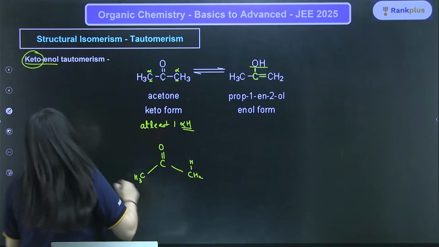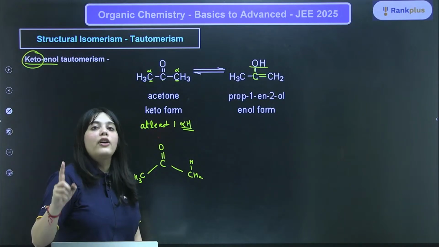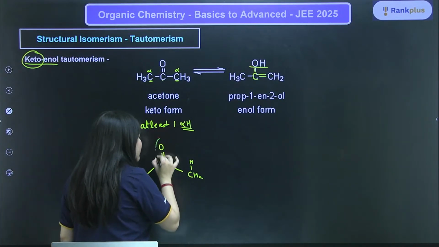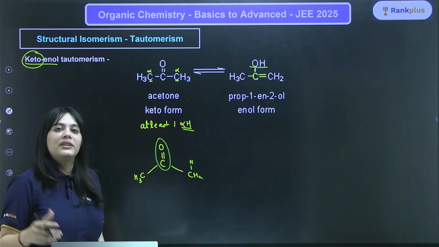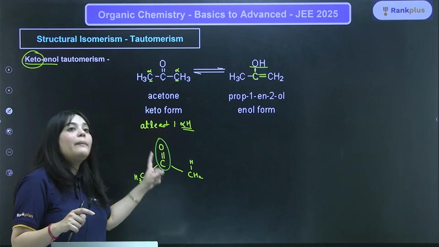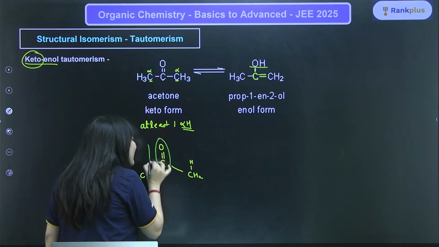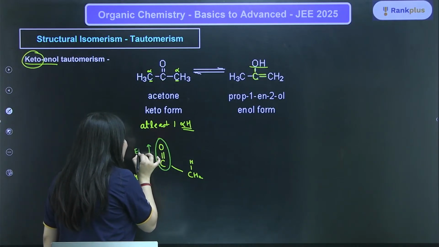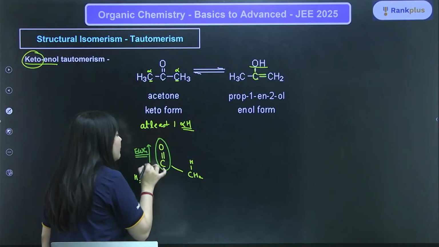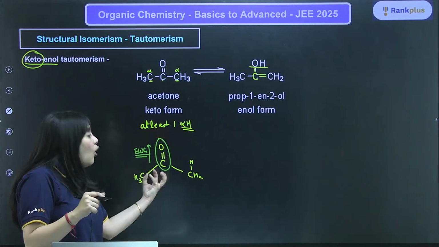Always remember one thing about your functional group. Whenever there is a multiple bond, double bond, triple bond, whatever, in the functional group, that functional group will always behave as an electron withdrawing group. Very, very important characteristic.